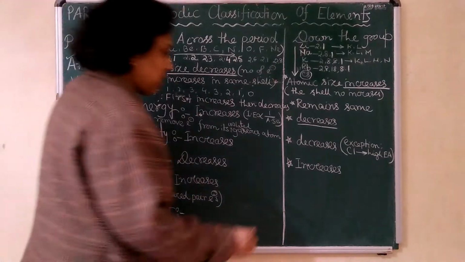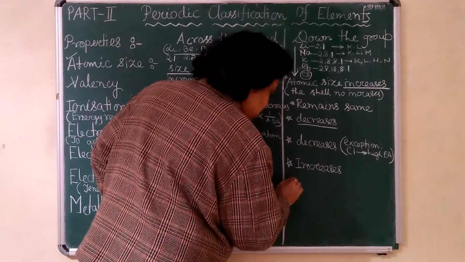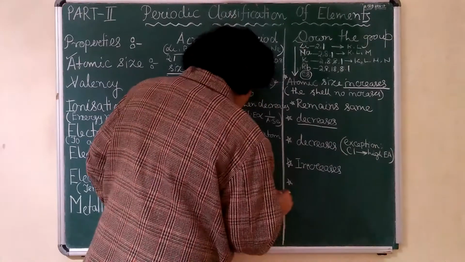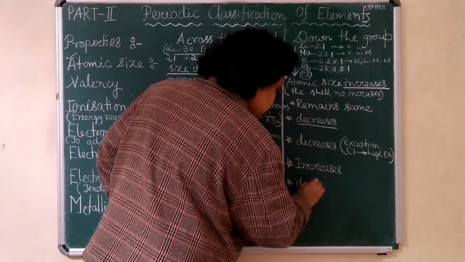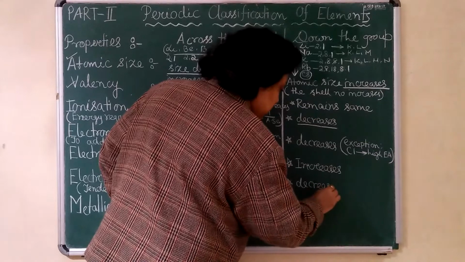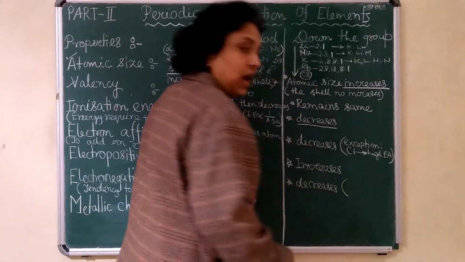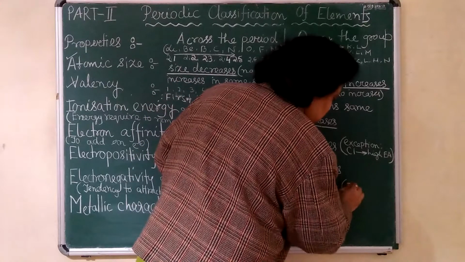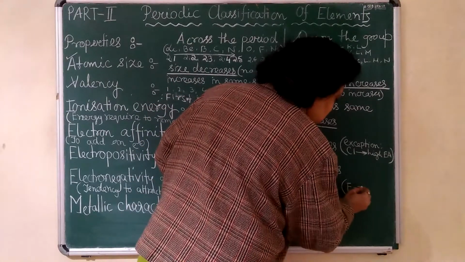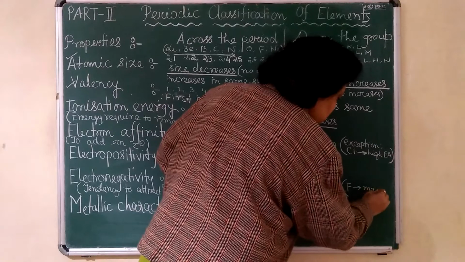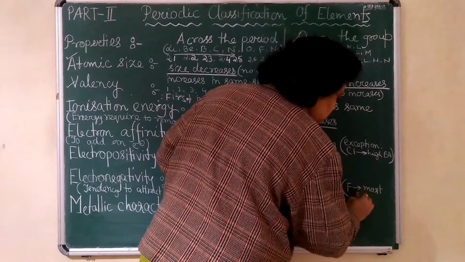Then down the group, what will it be? Electronegativity decreases. So for the halogen group, which will be the most electronegative element?